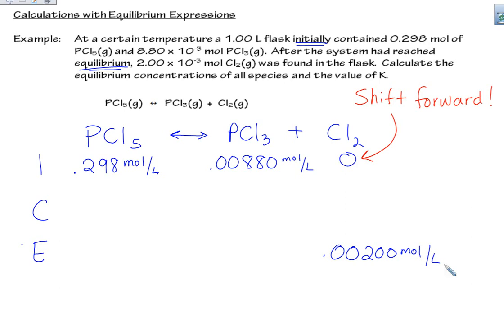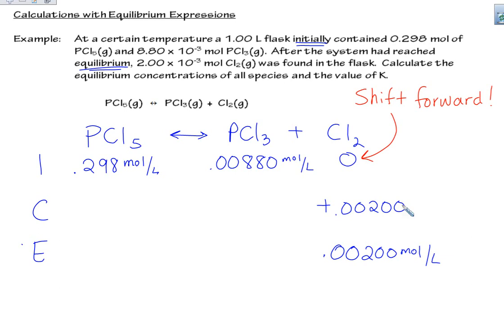Well, if I know the chlorine started at 0, and I know the amount present at equilibrium, I know the change. This chlorine must have gone up by 0.00200 moles per liter. Well, guess what? Everybody else is going to change by that amount.